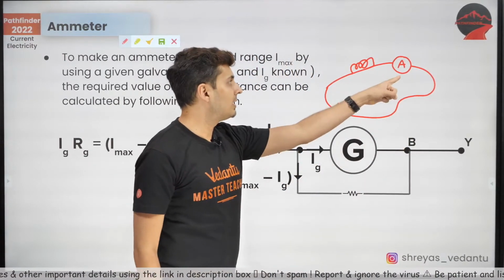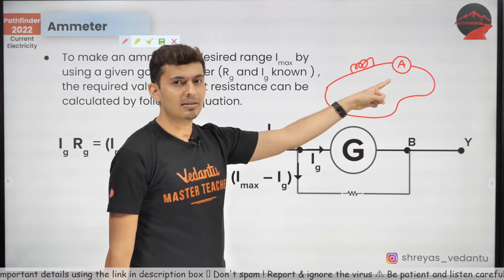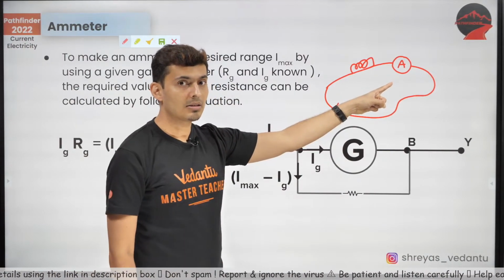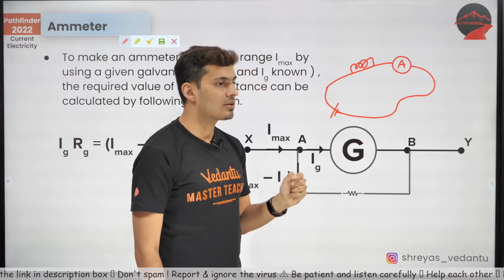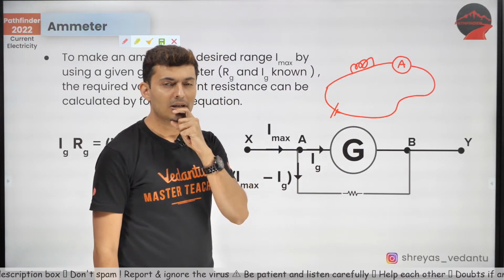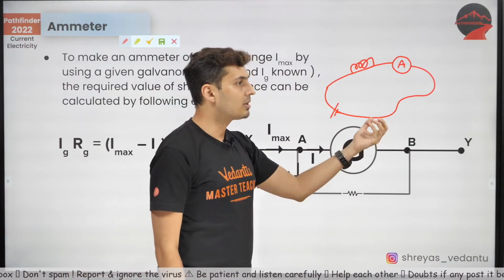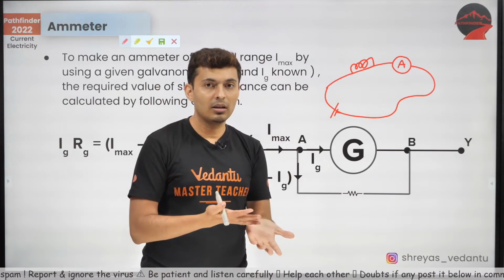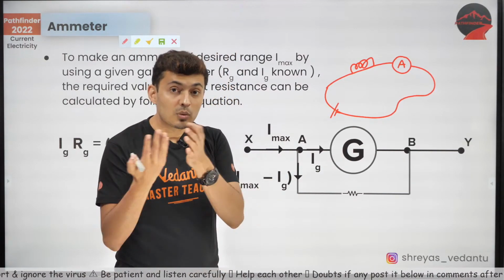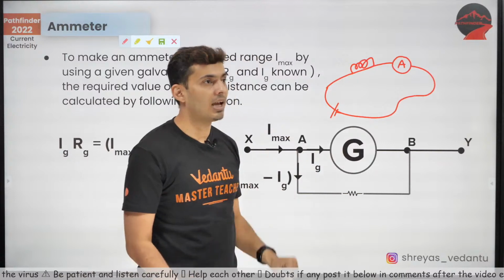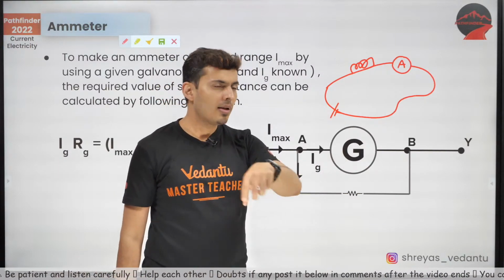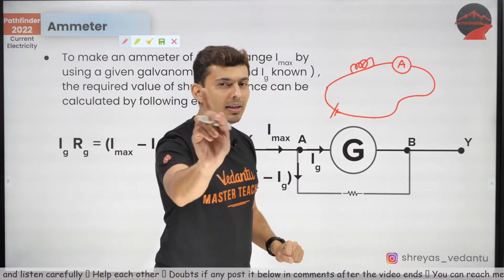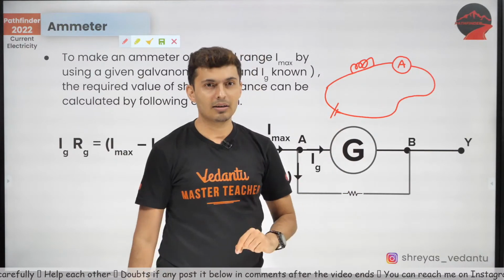Now the moment you put the ammeter, it will itself have some resistance. The moment that has some resistance, the current in the circuit will change. The moment the resistance changes, obviously the current will change. What you are measuring will be different than what it would have been before placing the ammeter. So when you place the ammeter, it should not disturb the current flowing in the circuit.